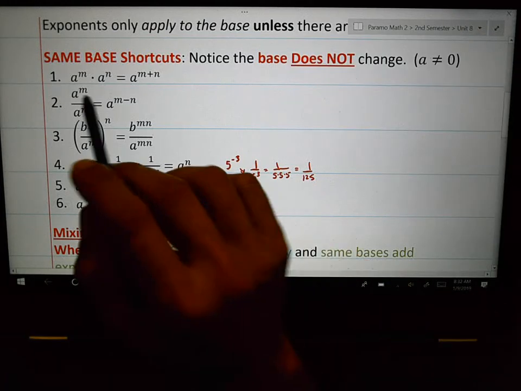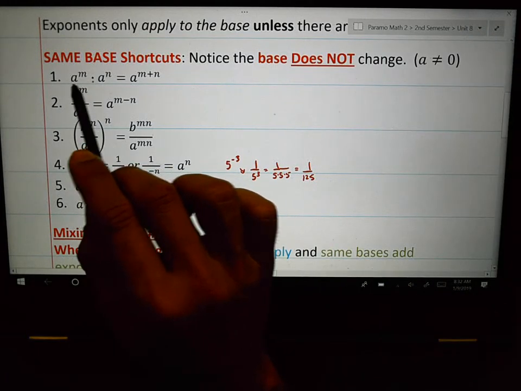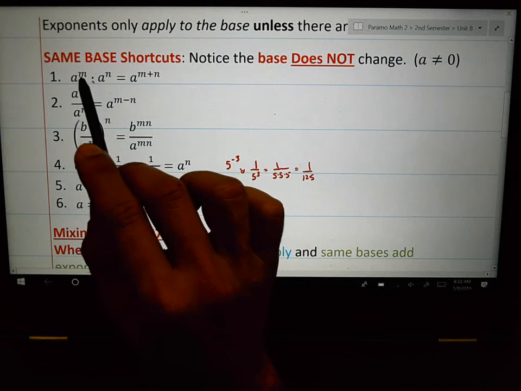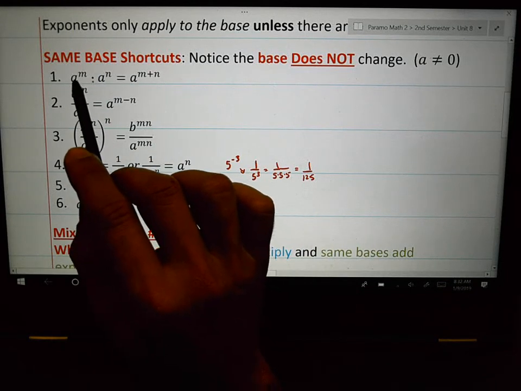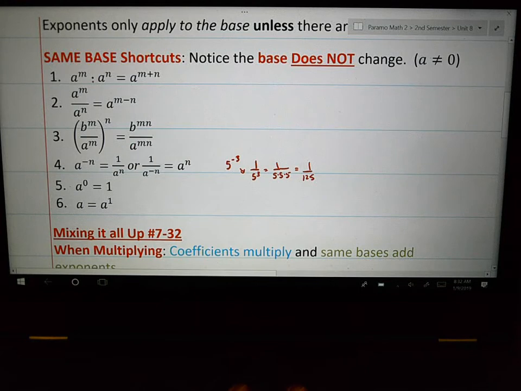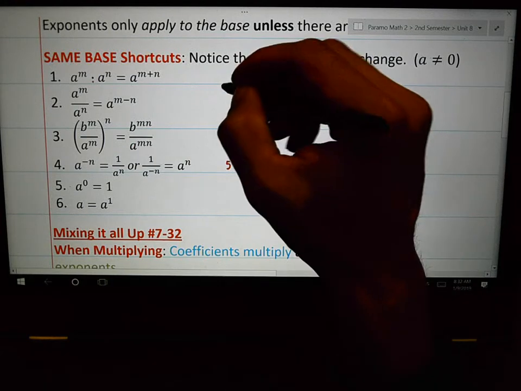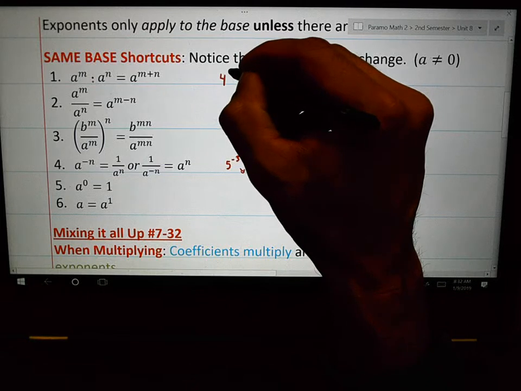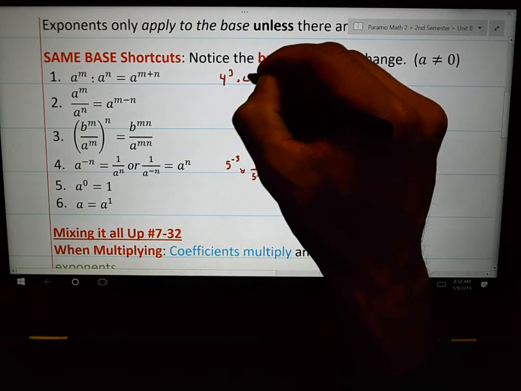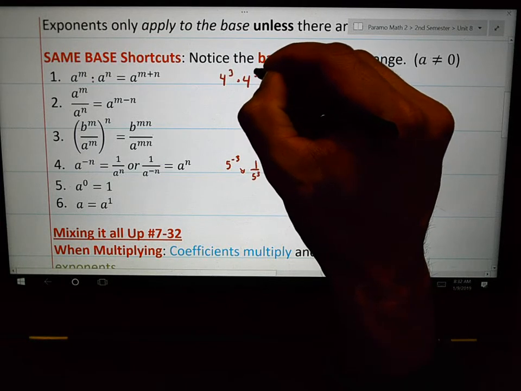Here you go. If I have two things with the same base and I'm multiplying them, a shortcut would be that I can add the exponents. If you want an example of that, let's say I had 4 to the third power, and I'm multiplying it by 4 to the fifth power.